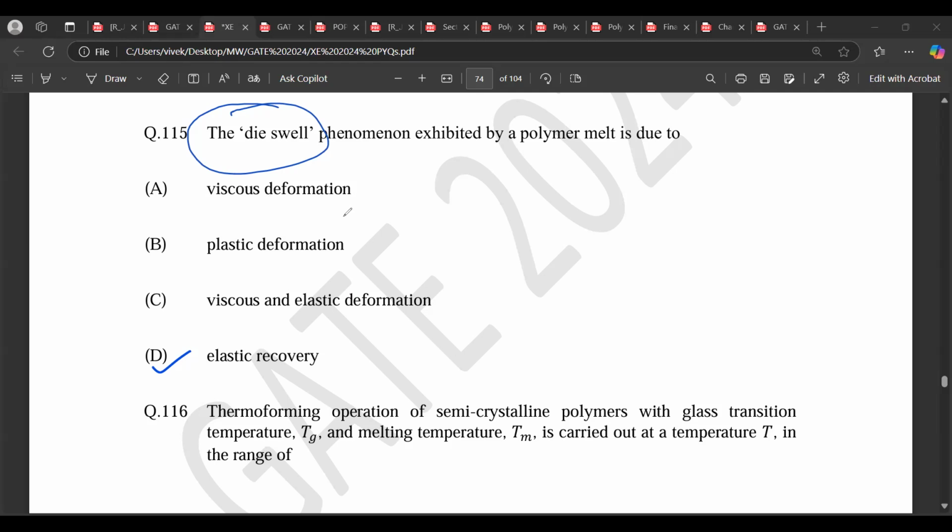When it is coming from the die to outside, the swelling effect happens. That's why the word die is here. So what does that swelling mean?